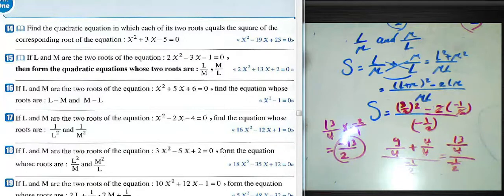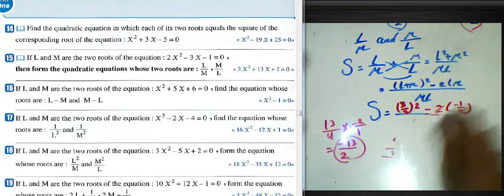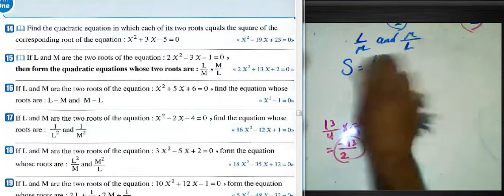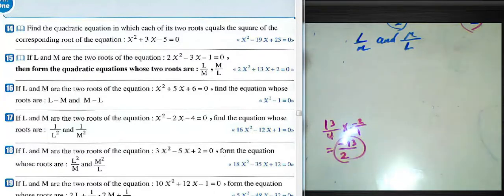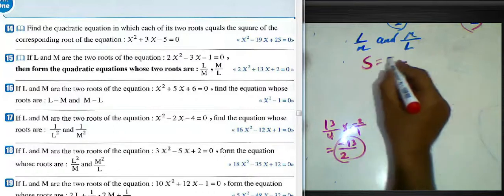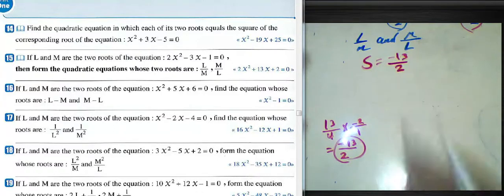You must remember this result. I will cancel all this to find the product. So the sum will be negative 13 over 2. It was the sum.